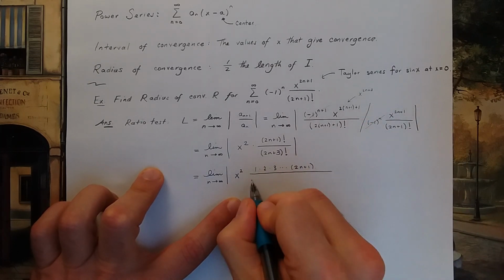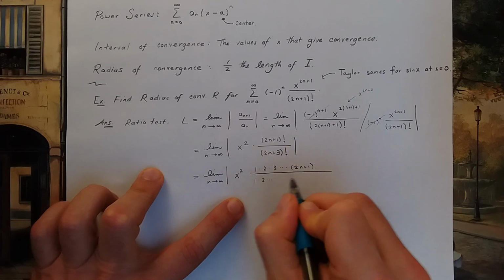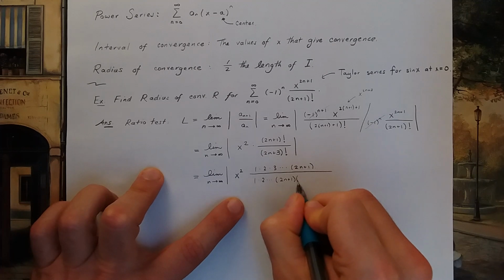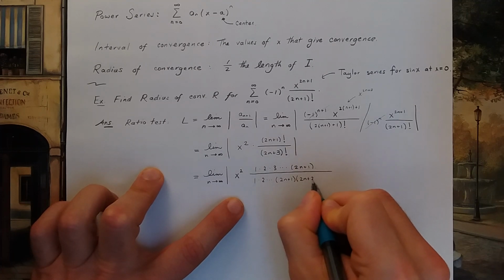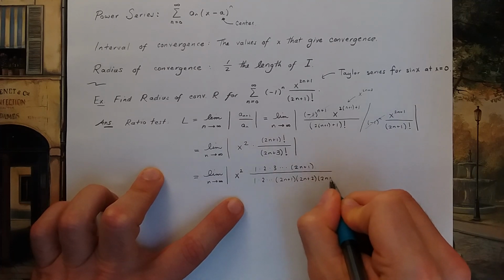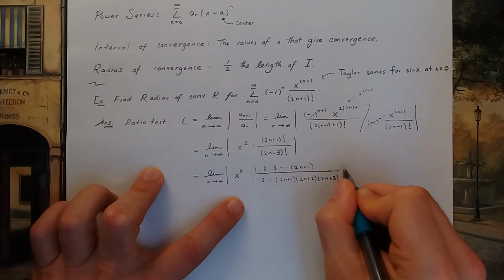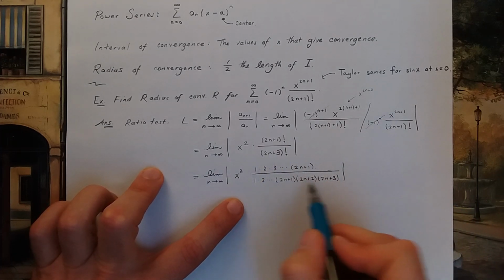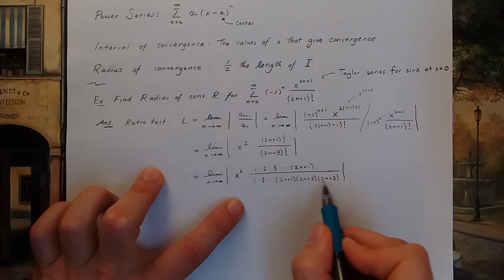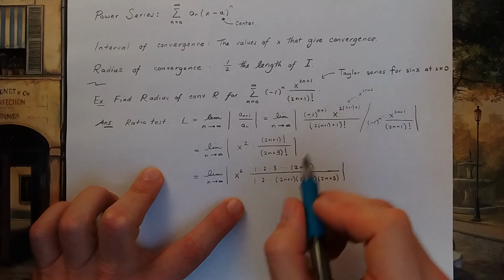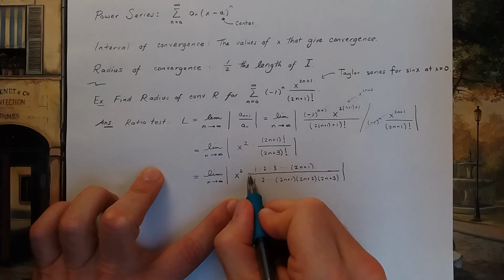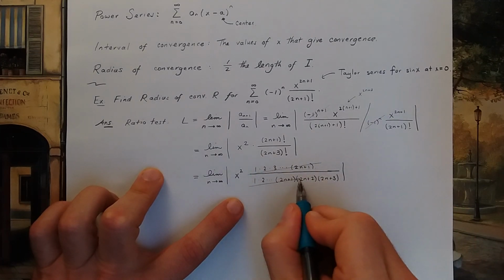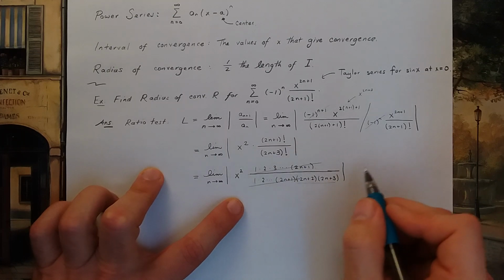And on the bottom, I'm going to get 1 times 2 times 3, up to 2n plus 1, times 2n plus 2, times 2n plus 3. That's 2n plus 3 factorial. It's all the numbers multiplied until I get to 2n plus 3. So this top factorial will cancel with everything except the last 2 terms on the bottom.